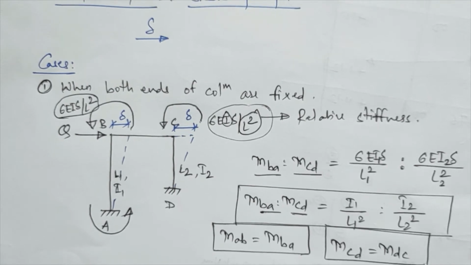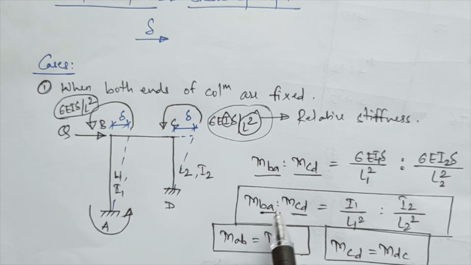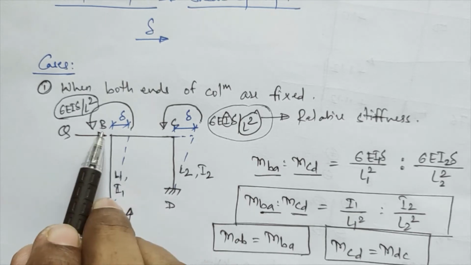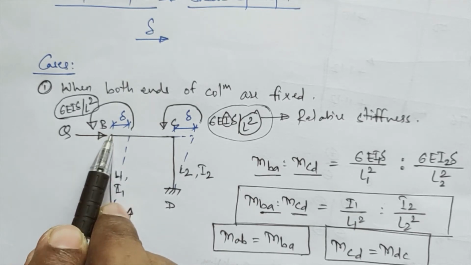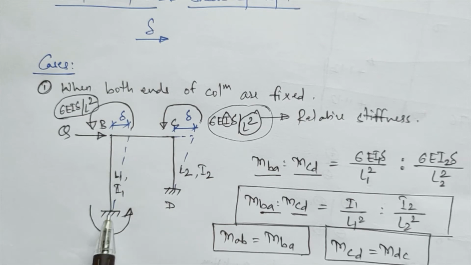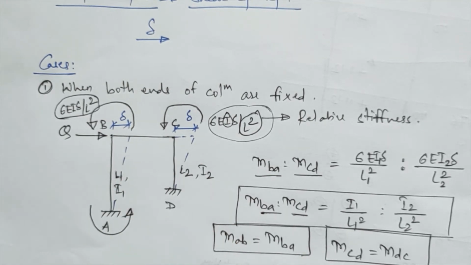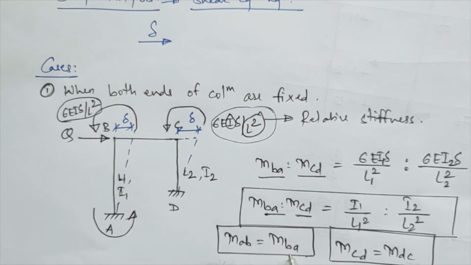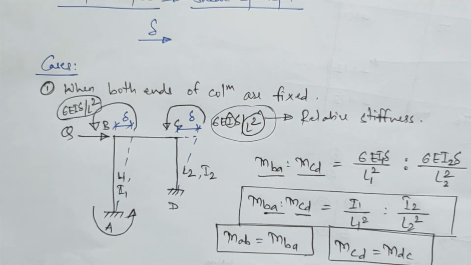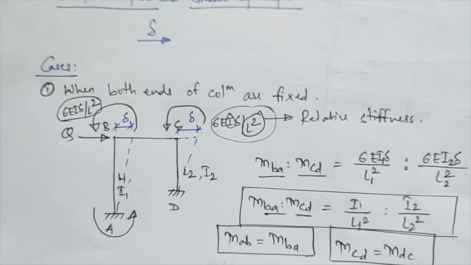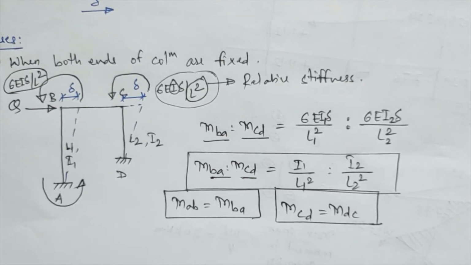So these three major things you have to remember: you have to take the moment ratios as I by L square, and whatever translation and rotation is induced at points B and C, if the far end is fixed, the same values you have to take at the other points also. So MAB equals MBA and MCD equals MDC. So this will be our first case, when both ends of the columns are fixed.